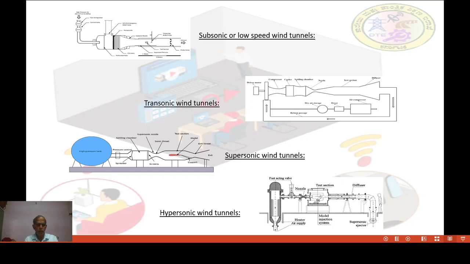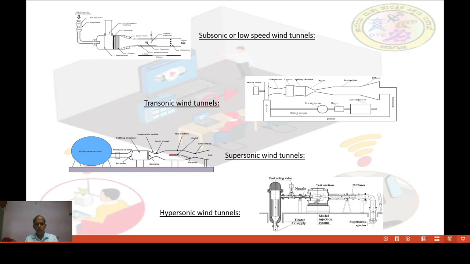Fast acting valve, nozzle, test section, diffuser, supersonic ejector, model ejection system, heater, and air supply are there, and air enters here also through a nozzle, again to the test section, diffuser and ejector portion.